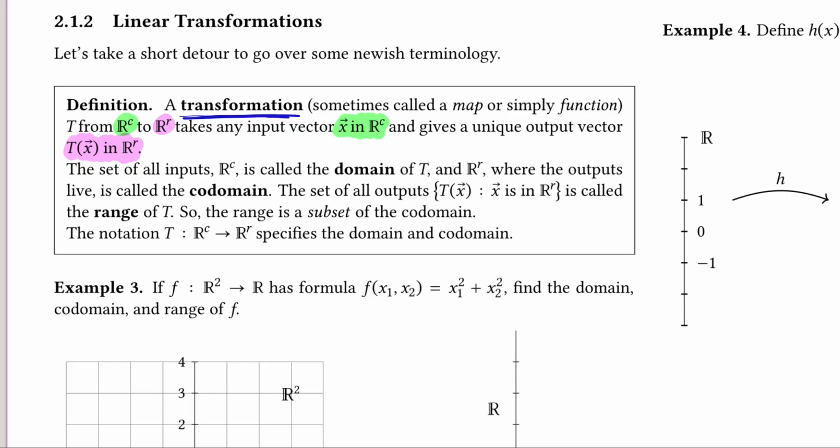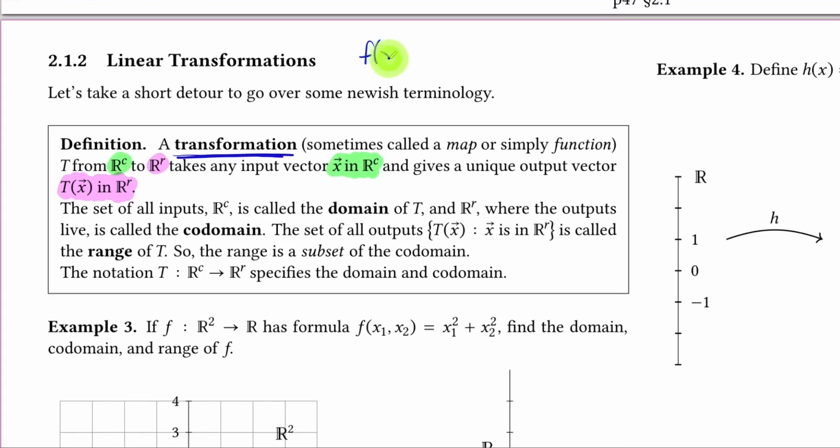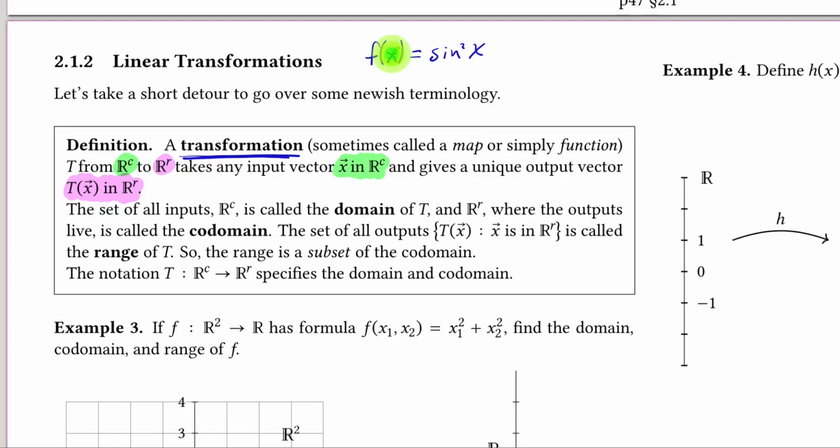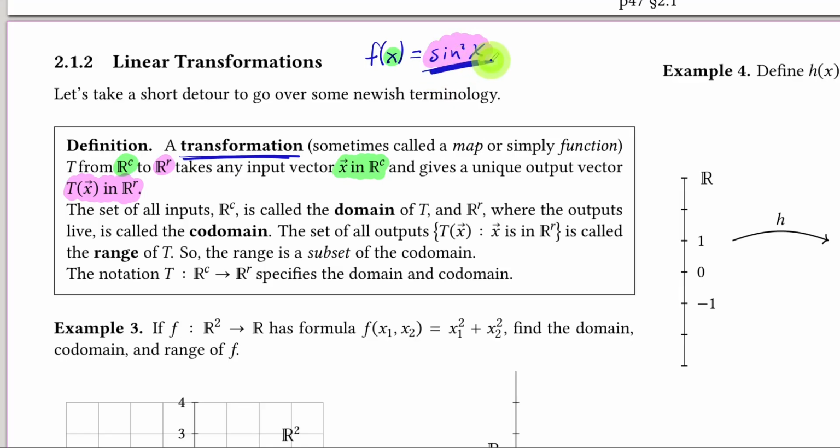So this is the same idea as a regular old function, like f of x equals sine squared of x. This takes a number x, and the result, sine squared of x, you say, is the output of the function. And the formula for the function tells you what to do with the input to get the output.